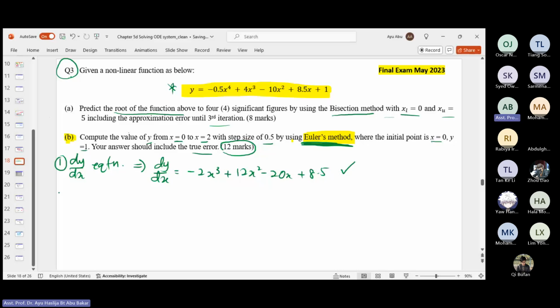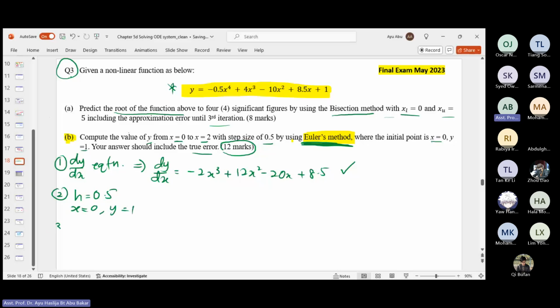Then step 2 is to identify what is your h and your starting point. h is 0.5, the starting point is x0, y equals 1.